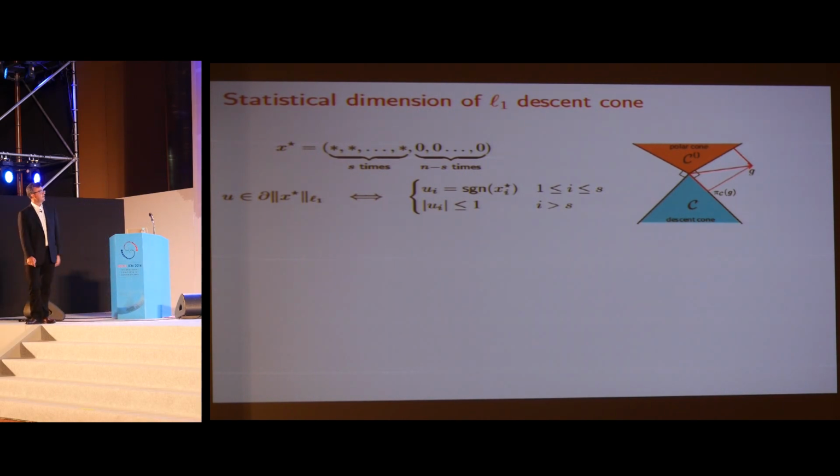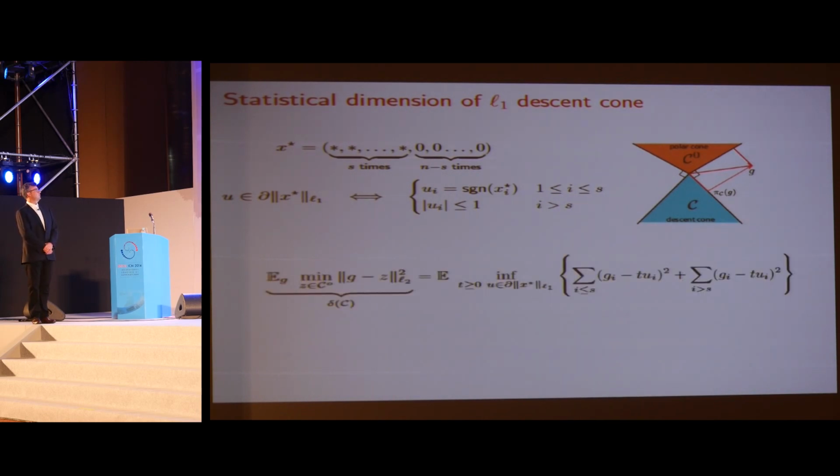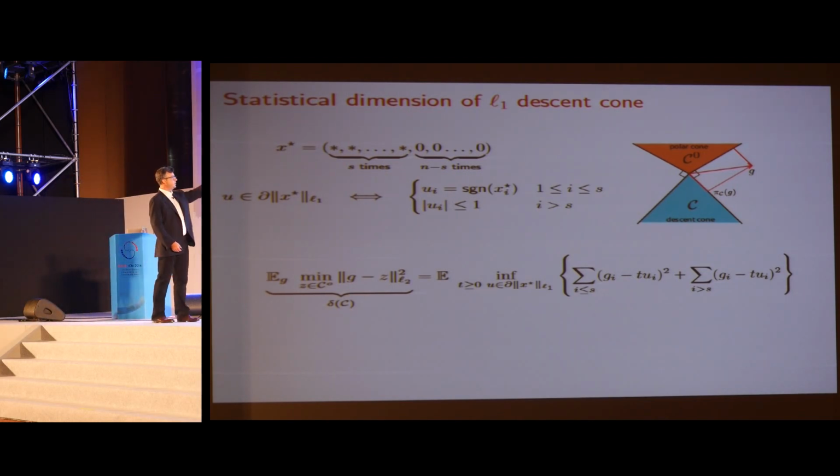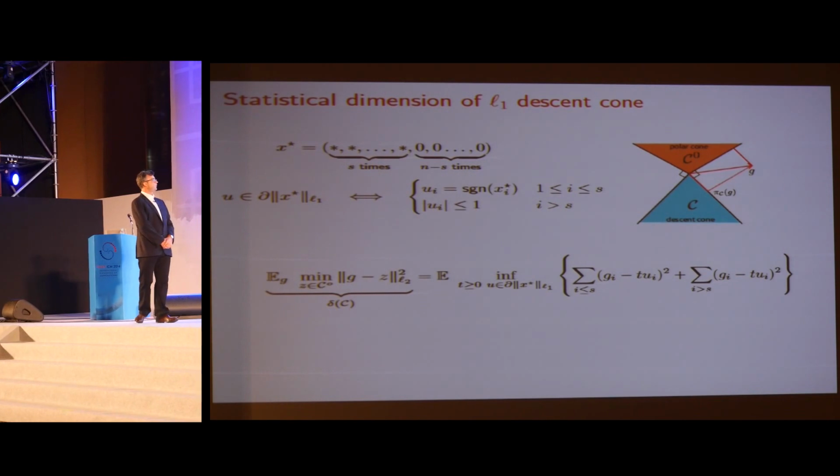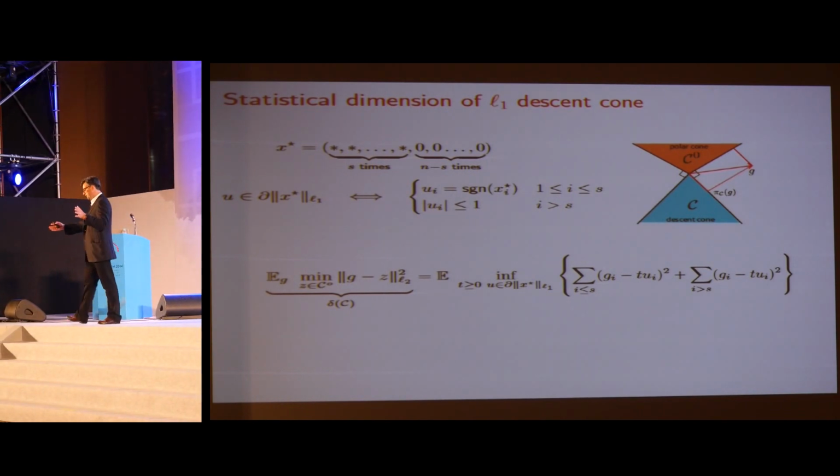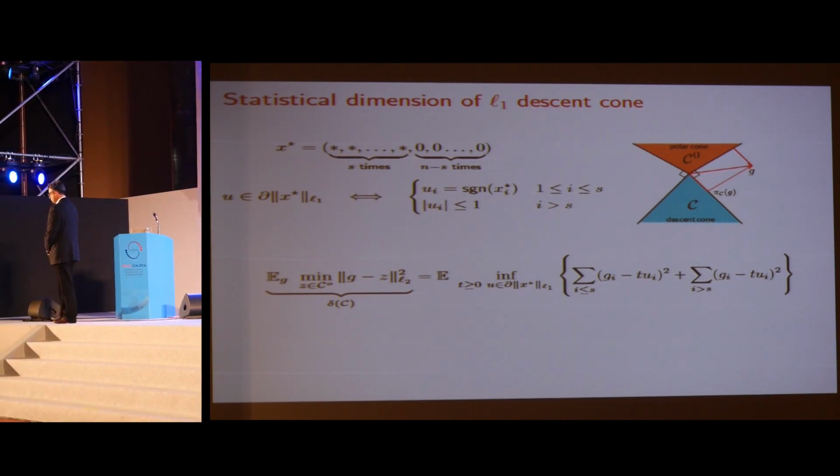Well, now we have characterized the polar cone, so we can calculate the statistical dimension. And so the statistical dimension is, of course, the expected square distance from a Gaussian vector to the polar cone. But the polar cone, I know what it is. It's just of the form t times u, so I split the square distance into those components for which xi is 0 and those components for which xi is not 0.